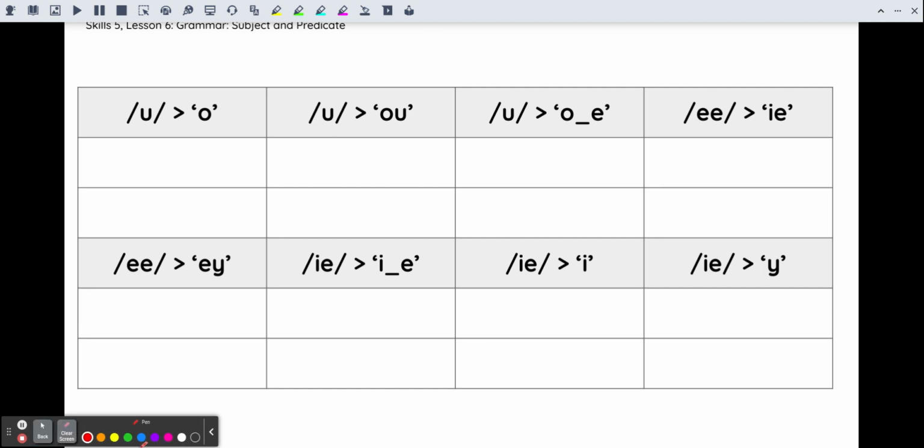Okay, I have the words son and mother. The O in son says the O in mother says. What about a word spelled O-U?